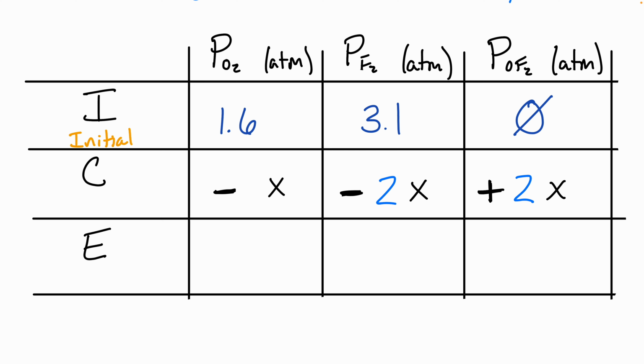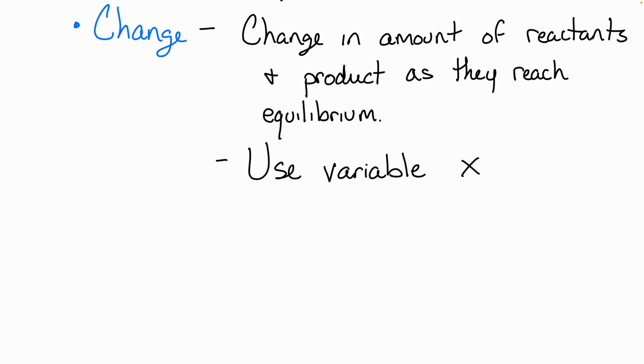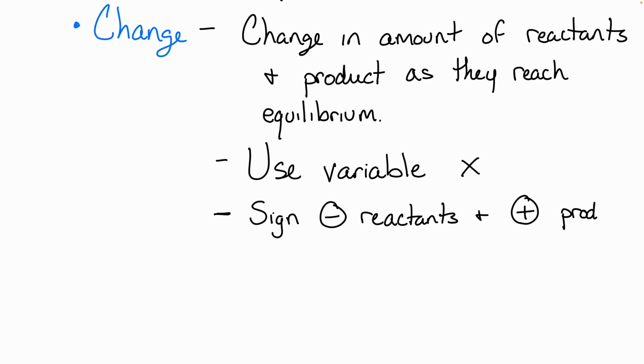That coefficient is going to appear in that change box as well. Okay? So again, the C stands for change. We're going to use this variable x. All right, we got to pay attention to the sign of x. It's going to be negative for reactants and positive for products. And then we're going to include those stoichiometric coefficients.